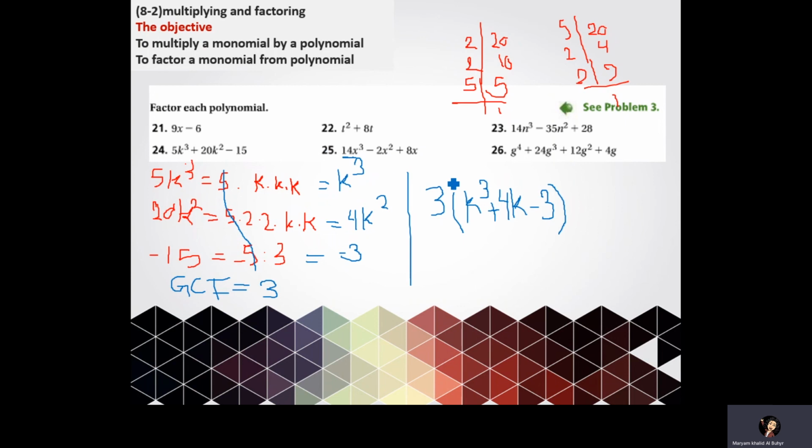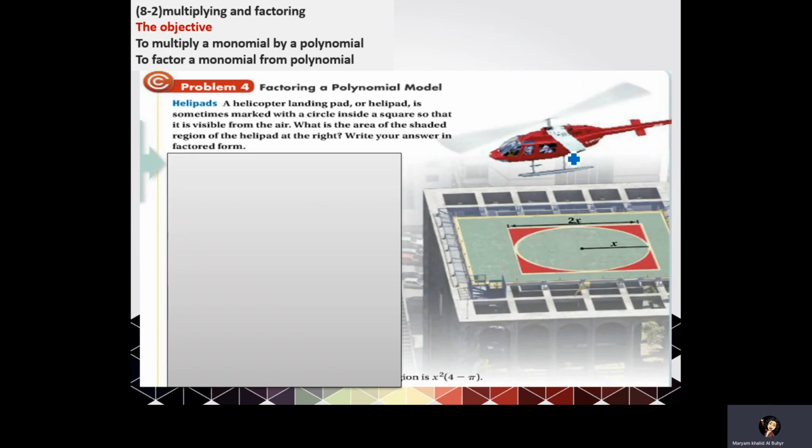You can easily see the greatest common factor and take it out without doing all these steps. But at the beginning, you need to do the steps so you can find the greatest common factor and factor the polynomials that you have.